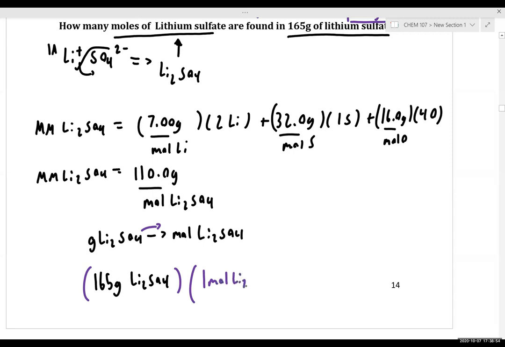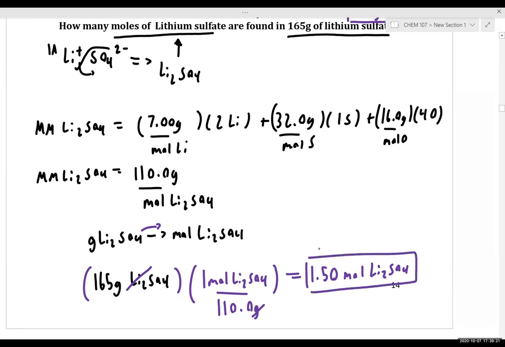In 1 mole of lithium sulfate, we have 110.0 grams. The units of grams cancel, and punching this into our calculator, we in turn get 1.50 moles of lithium sulfate.